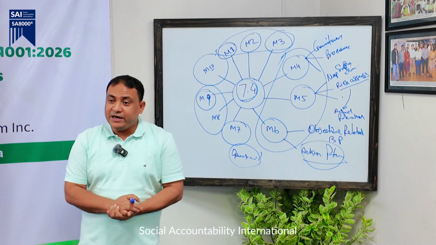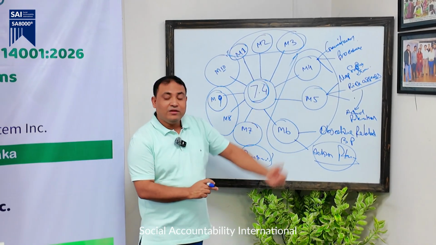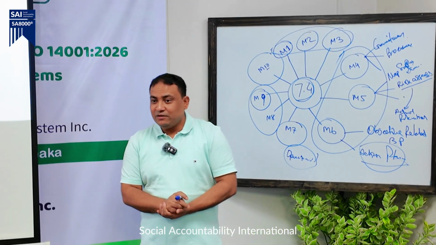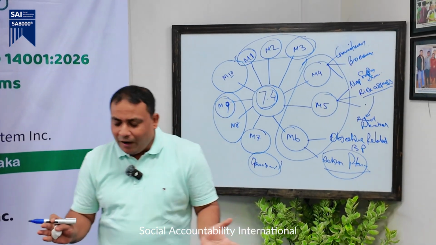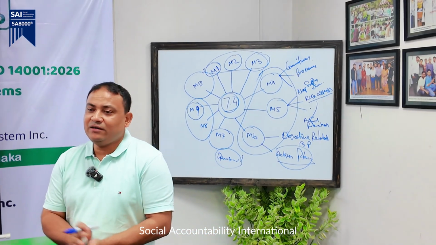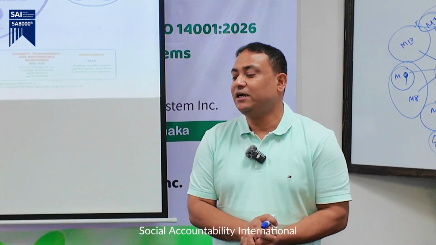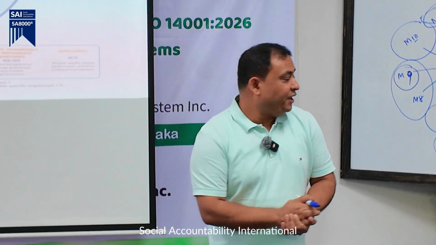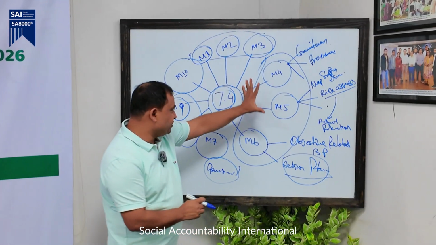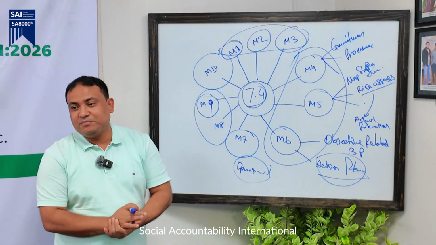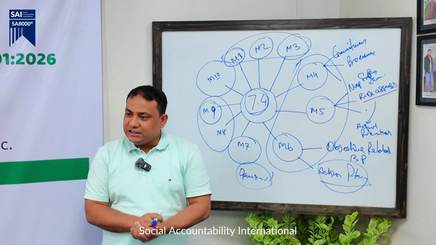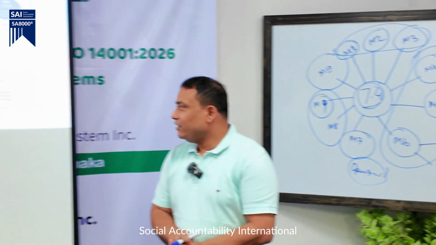They will provide them and go for new planning to achieve a better result in managing the business partners. I think this is all about business partners management in terms of the SA8000 requirement.